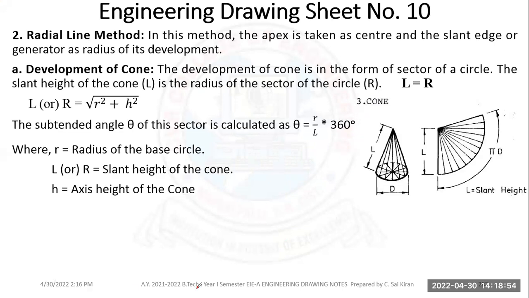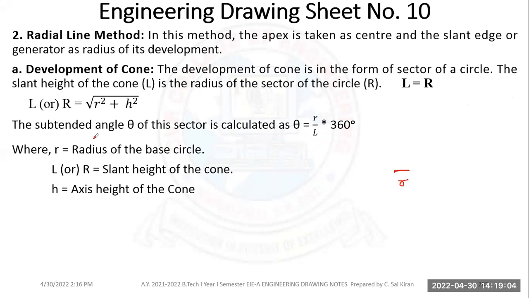So this is the radius, and this is the L you have to know, then only you can calculate the formula. In some textbooks this slant height is represented as capital L, and in some textbooks like ND it is represented as capital R. So you can represent it as either capital R or capital L. Anything is correct in the exam.